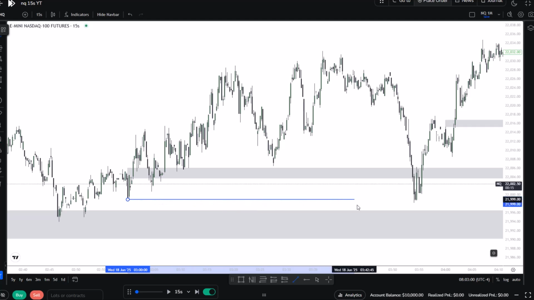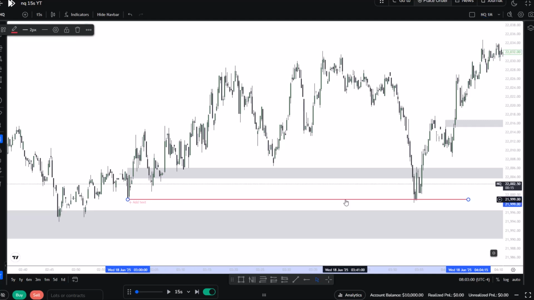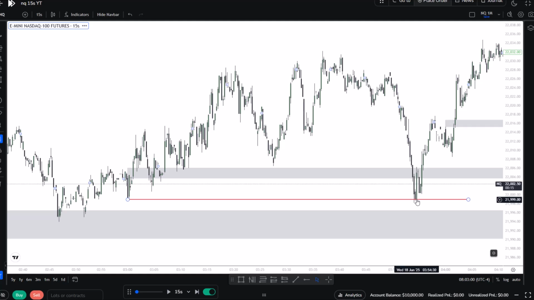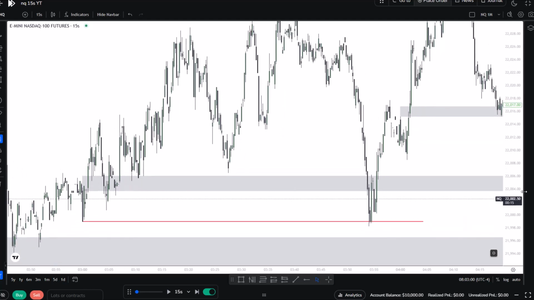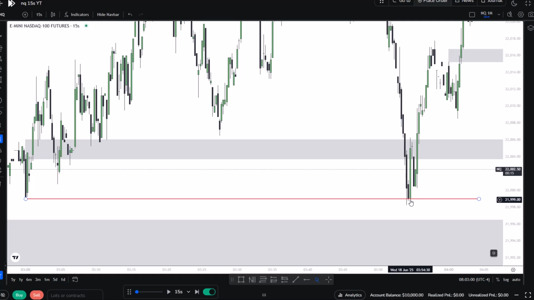And if you draw that out to the right, so that's a sell side liquidity, so I'm going to mark it with red. And if you draw it out to the right, you'll see that here, this BC, let me make it bigger, this BC originates from this low. You see that?